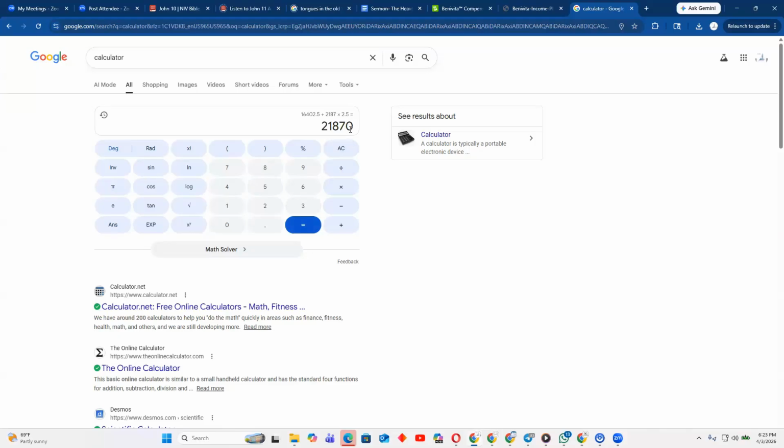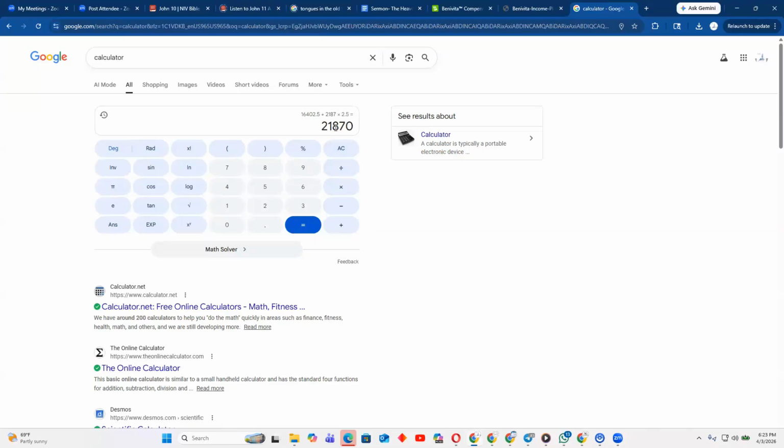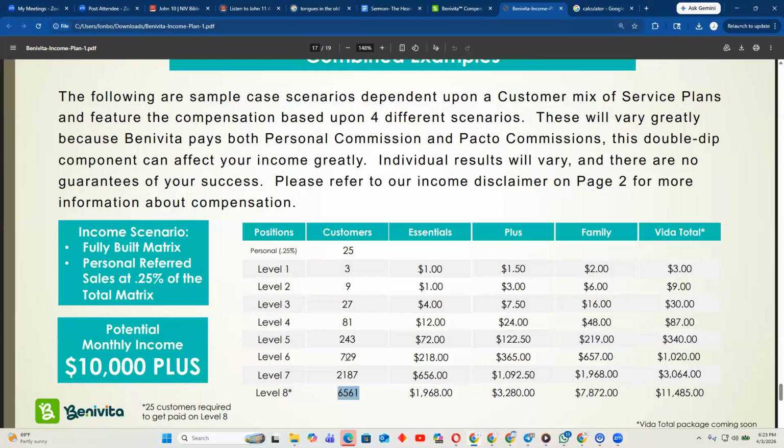So did it do the number first? Yeah, it did. All right. So 21,870 is what the minimum, the middle part, just on level 7 and level 8 is going to pay you, $22,000 almost. And that's not counting the 729, the 243.